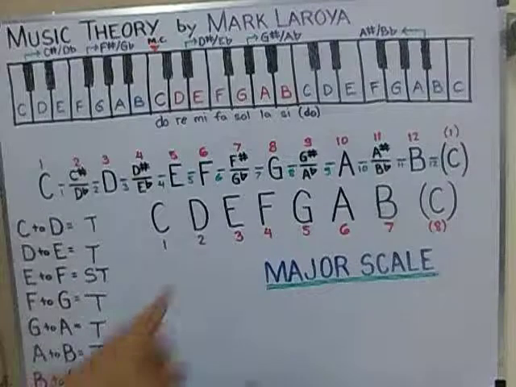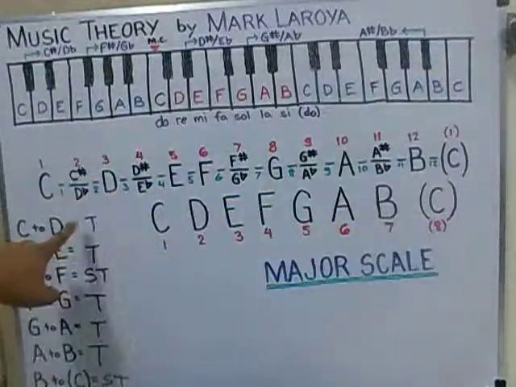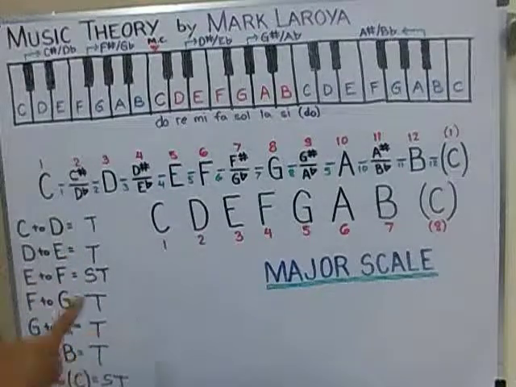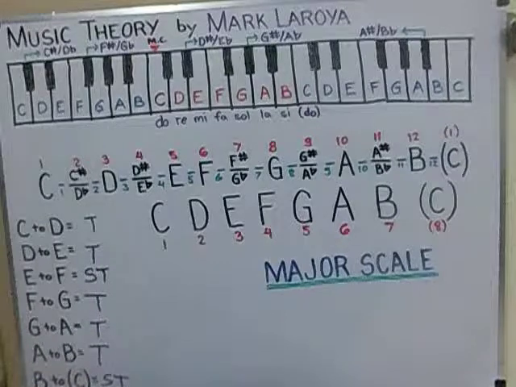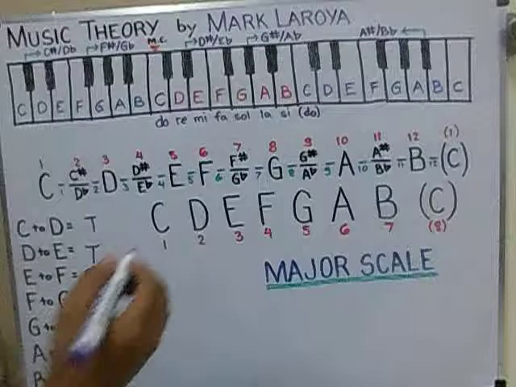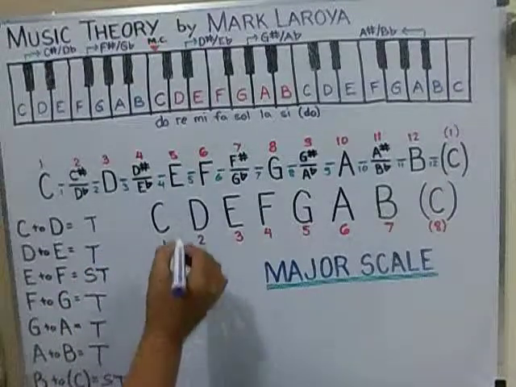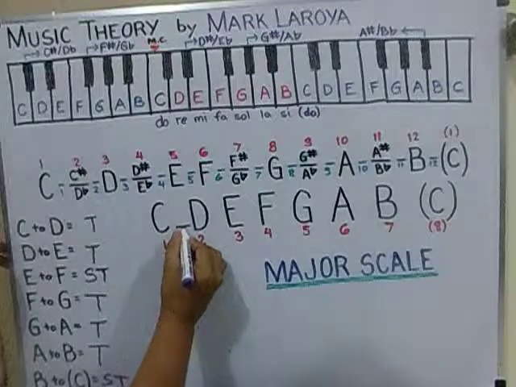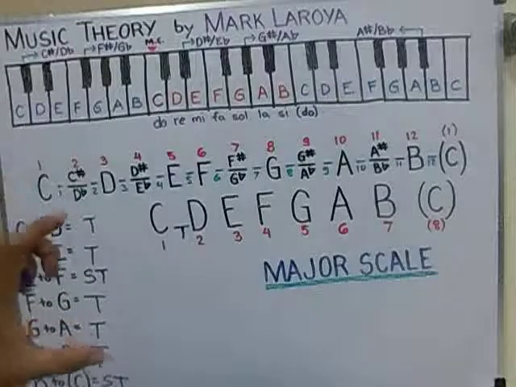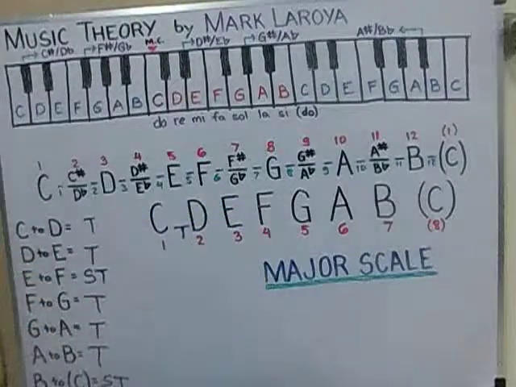So therefore, this scale of C is made up of 5 tones and 2 semitones. For C to D, their interval is equal to a tone. From D to E, the interval for these two notes is a tone.